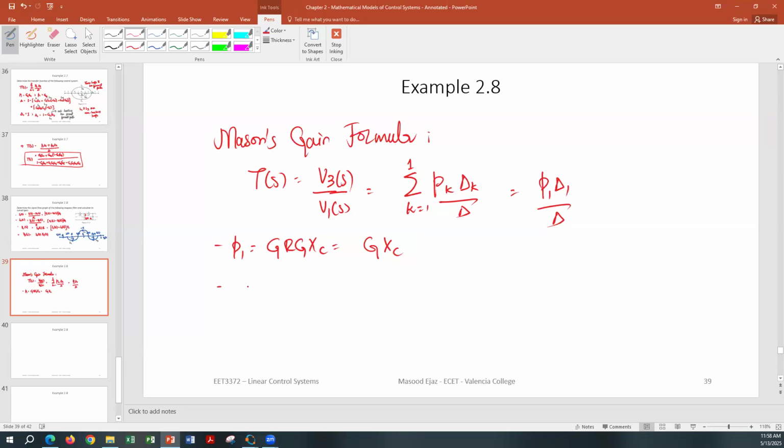My determinant delta is equal to 1 minus the sum of all loop gains.